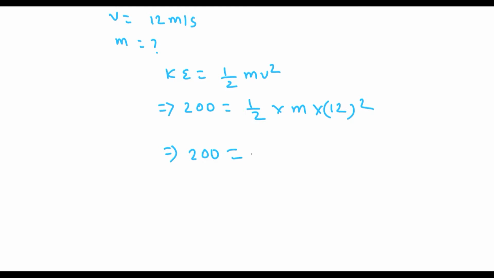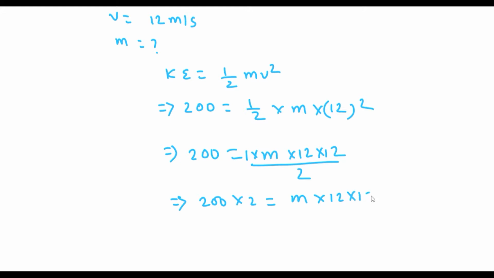200 equal to, this means 1 into m into 12 into 12 divide 2. The 2 is in division, so just by doing cross multiplication we get m into 12 into 12. 2 2s are 4, 0 0.